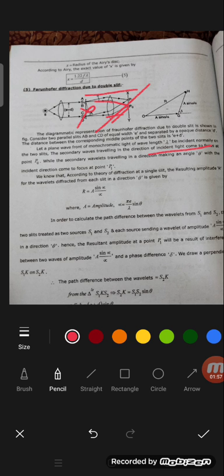According to the theory of diffraction at a single slit, we have the resultant amplitude R equal to A sin alpha by alpha, where A is the amplitude and alpha is equal to pi e by lambda sin theta.